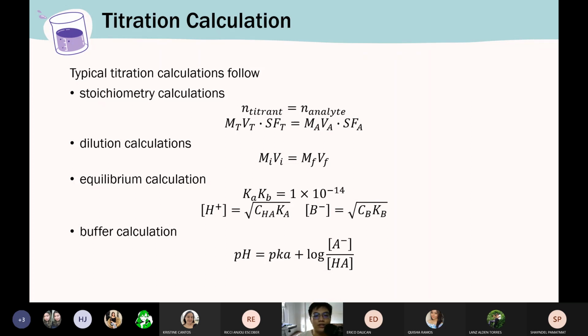For easier calculations. And of course, the buffer equation or the Henderson-Hasselbalch equation, isapuso, isaisip, kabisaduhin, o kaya gumawa ng kodigo, kayo bahala. Okay? So, those are the equations that we will use in this topic. Medyo marami. And gaya nga ng sabi ko sa lecture class ko kanina, in this topic, you will see at least 20 equations.